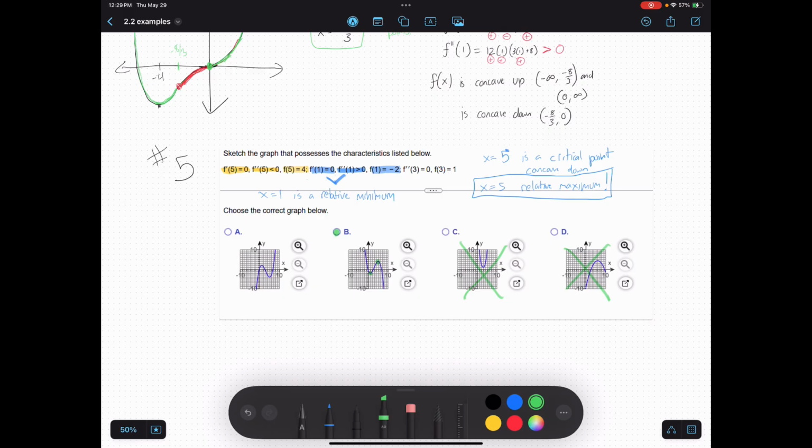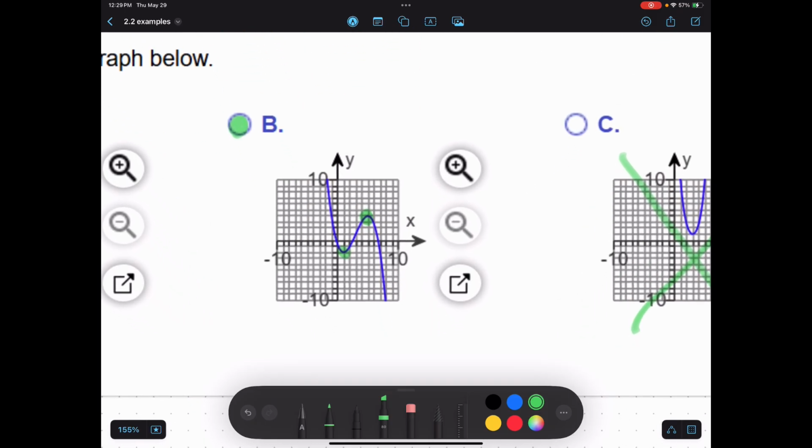So we've already answered the question, but let's look at just what this last piece of information tells me. F double prime of 3 equals 0. So what's happening at 3? At 3, we have an inflection point. And once again, this piece of information just tells me what the y value is there. And if we zoom in here, we can actually see that's true.